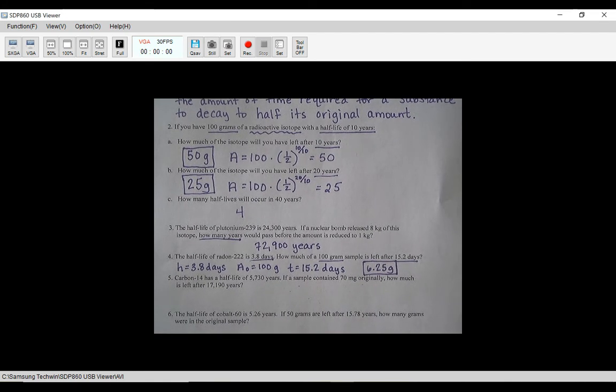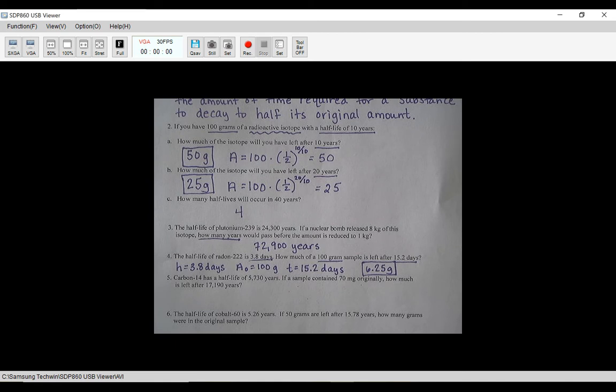Let's try just one more together. Carbon-14 has a half-life of 5,730 years. If a sample contained 70 milligrams originally, how much is left after 17,190 years? This is another great problem for the formula if you like the formula.